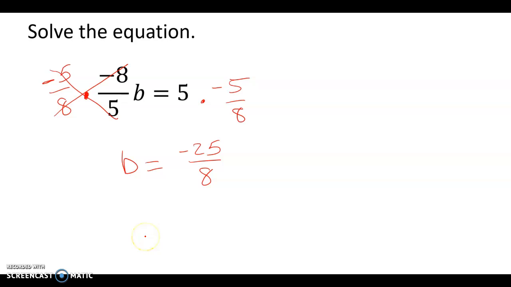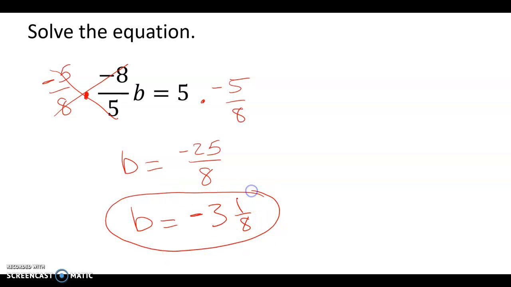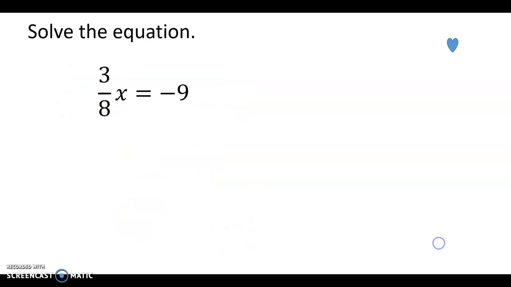If you want to change that to a mixed number on your calculator, hit the second button and then hit the button to the right of the fraction button and then enter. And you'd also know that b could also be negative 3 and 1/8. So to change improper to a mixed, you hit the second and then the button to the right of the fraction. All right, go ahead and turn the page.